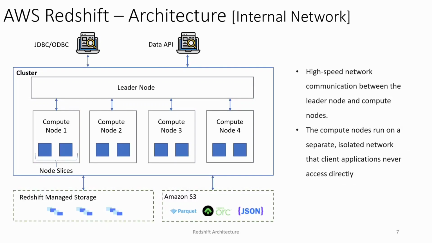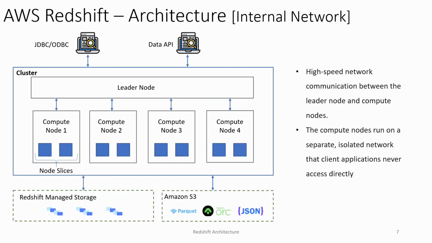This is the high speed network communication between the leader node and compute node. The nodes run on a separate isolated network that the client application never accesses directly.